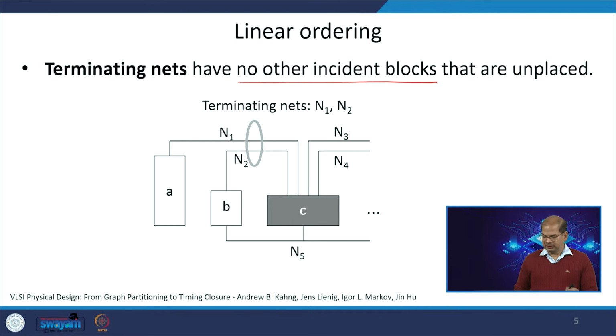For example, N1 and N2 terminate in block C. They do not go beyond block C. So when we place block C, the nets N1 and N2 are called terminating nets.